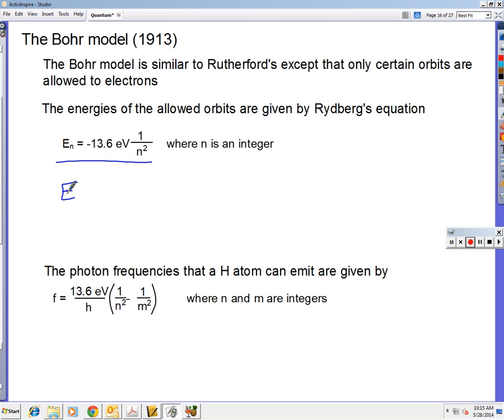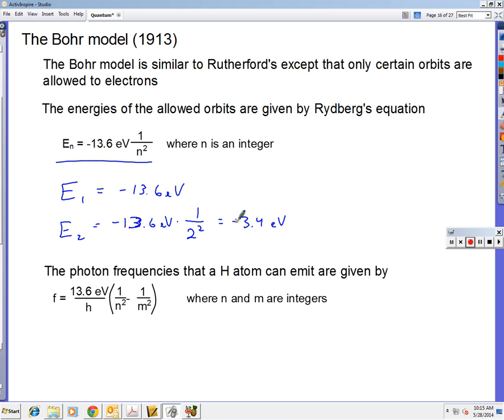So the energy of the ground state is negative 13.6 electron volts. The energy of the second level is negative 13.6 electron volts times 1 over 2 squared, which is negative 3.4 electron volts, and so on.